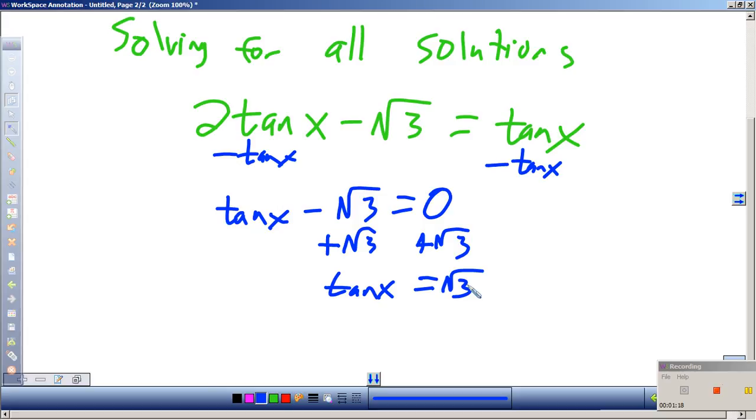So where does tangent equal root 3? What angle, or angles, I should say? Notice it would be root 3 over 2 divided by 1/2. Which angle has root 3 over 2 comma 1/2?